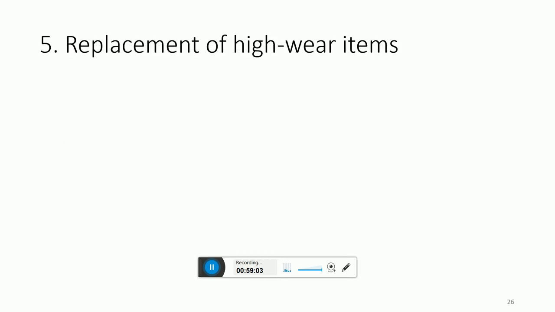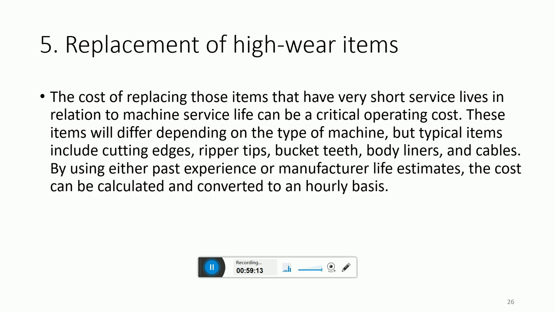So the fifth cost, which is included in the operating cost, is replacement of wear items. Sometimes the equipment has cutting edges or repair tips or bucket teeth, or cables which have to be replaced.